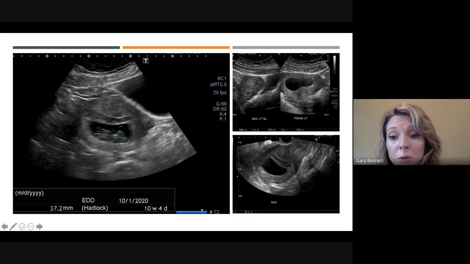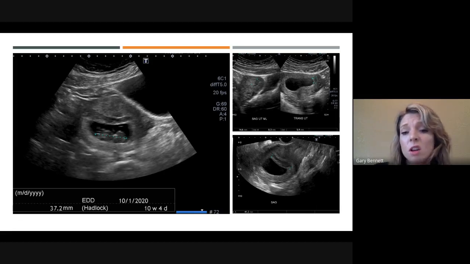If it was really, really large, it would still be concerning that it would be causing problems to the gestational sac, just because a disturbance of something leaving the uterus that large could definitely have a negative effect on the pregnancy. But this one most likely is just going to kind of trickle out.